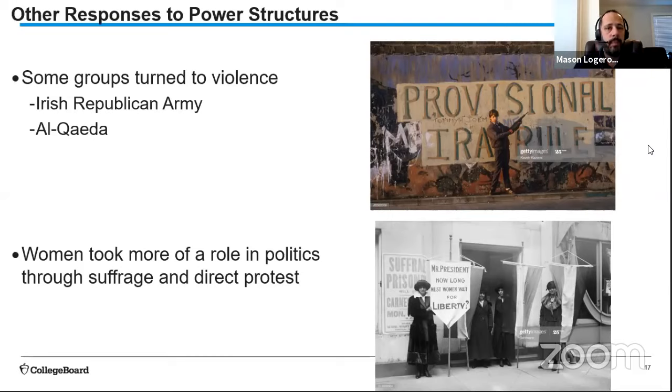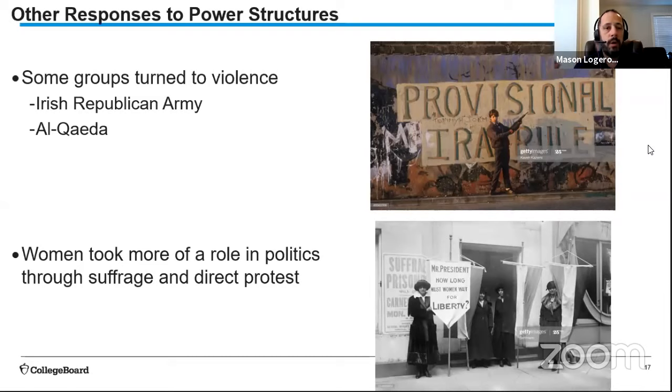Or if you think about Al-Qaeda in the Middle East, who saw Western occupation of traditional Muslim holy lands. For example, when the Russians invaded Afghanistan in the late 70s, early 80s, or in the early 1990s, when the United States was using Saudi Arabia for military bases to fight in the first Gulf War against Iraq. So in these cases, you see groups using terrorism and violence for political means in order to fight the political structure.